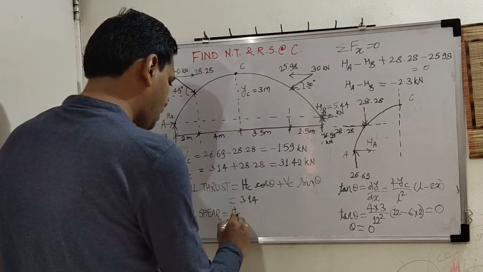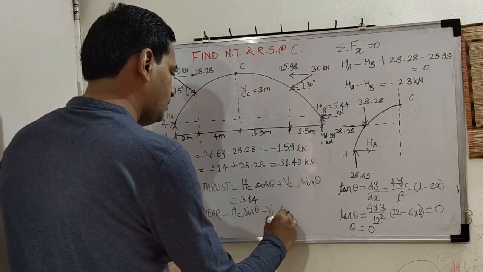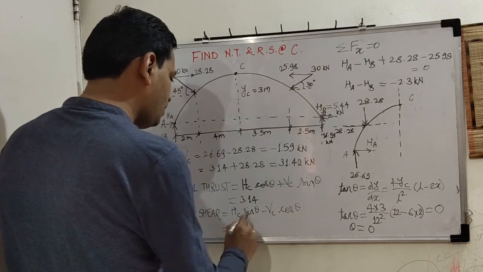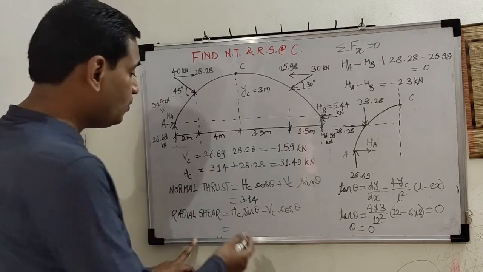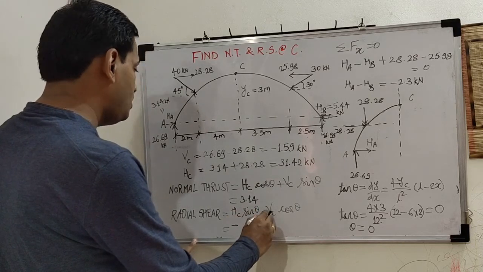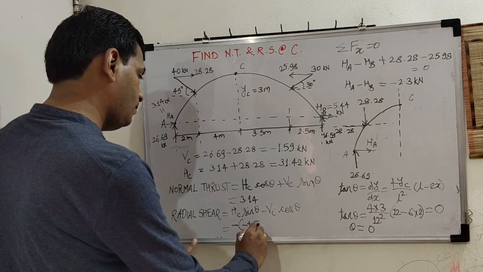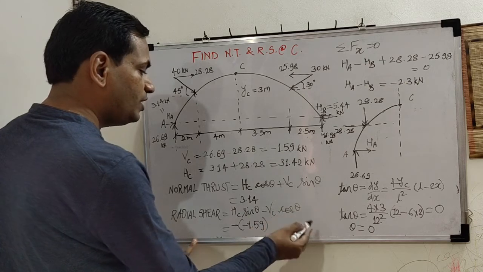HC sin theta minus VC cos theta. So again the first term will be 0 because sin 0 is 0. So minus VC, which is minus 1.59, into cos 0, which is again 1.